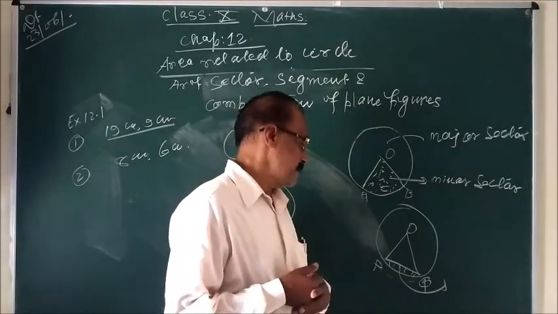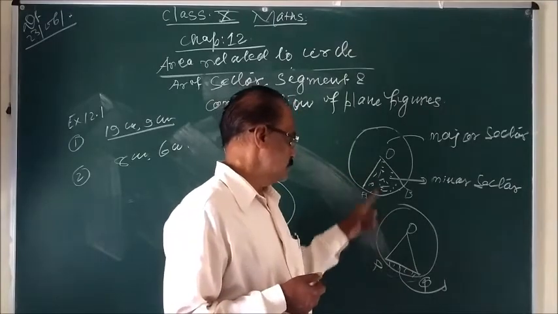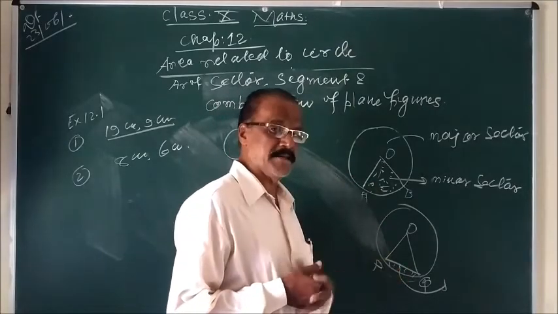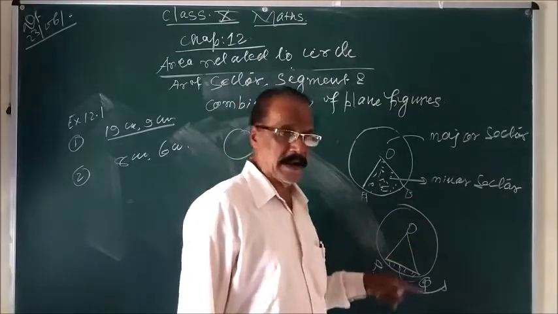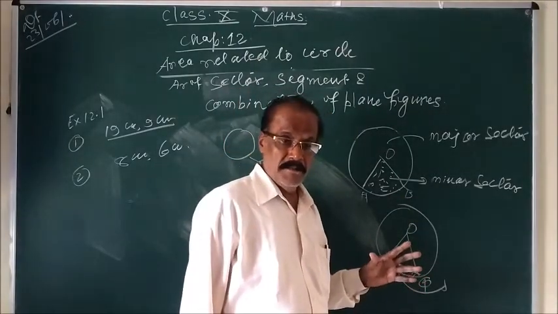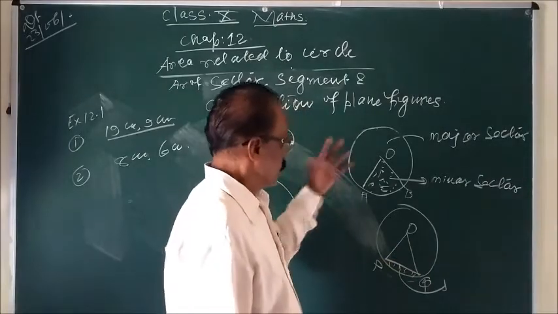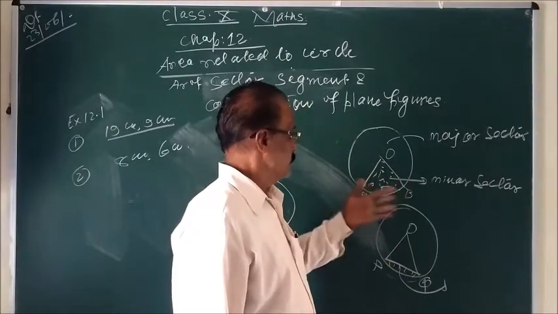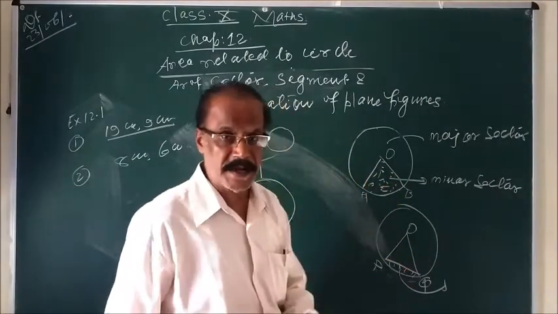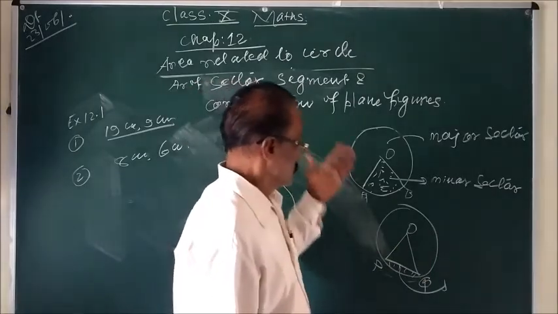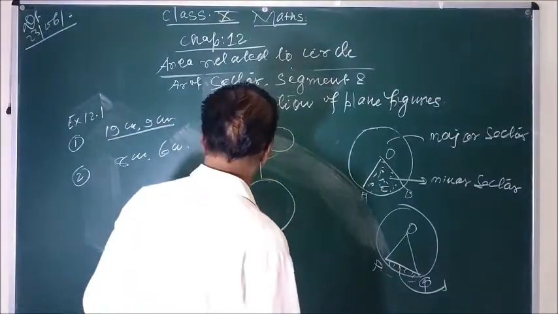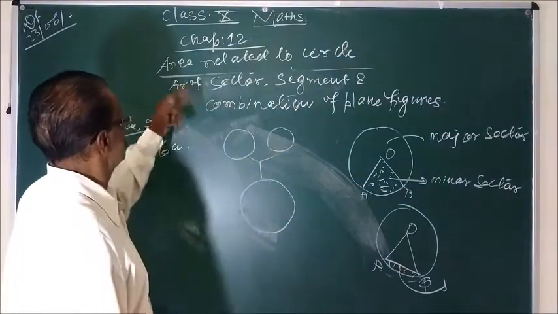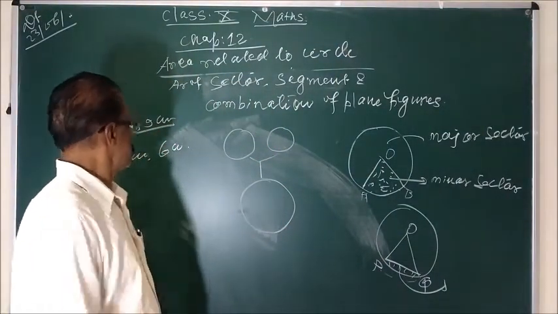Similarly here this will be minor segment and the remaining portion of the circle will be major segment. So area of sector, minor sector, major sector, area of segments, minor segment, major segments, all these things you will learn in this 12.2.